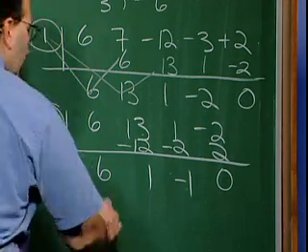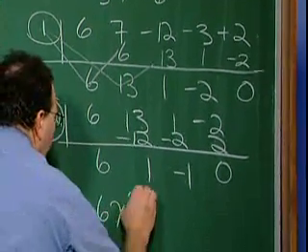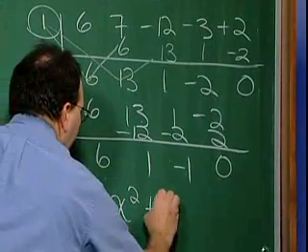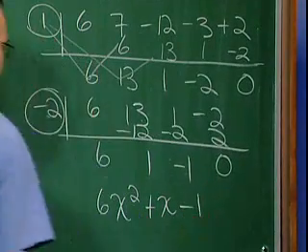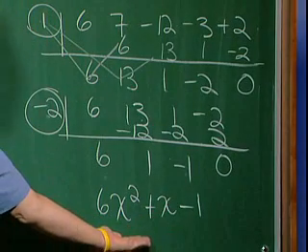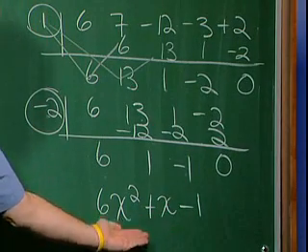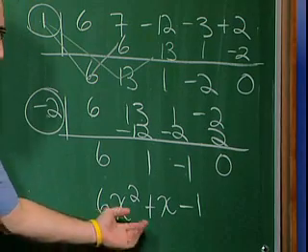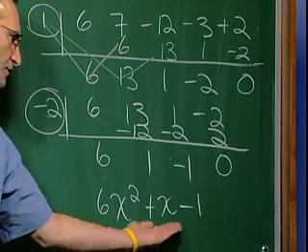In addition, what it tells us is we have the polynomial 6x squared plus x minus 1 left over, and what we should do is see if we can factor this, or in some way figure out the quadratic, what the two zeros of this are.